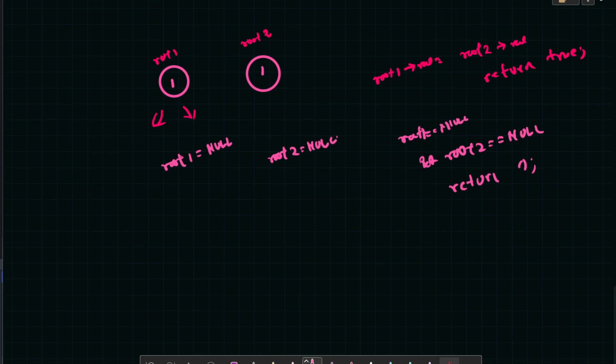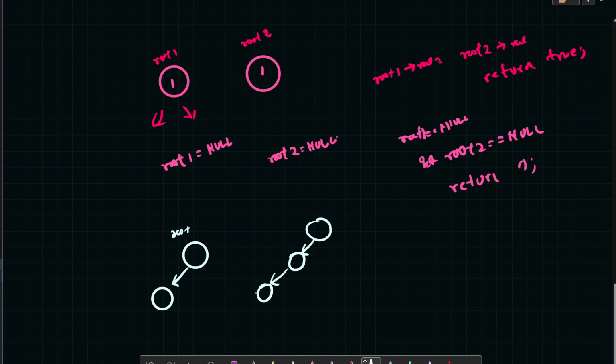Suppose root 1 has only 2 nodes, but the right subtree definitely has 4 left nodes. Are these two equal? No. If we move further, suppose this is 1, and this is 2, and this is 2. We can see that root 1's value is 1 and root 2's value is 1, so these two nodes are fine.